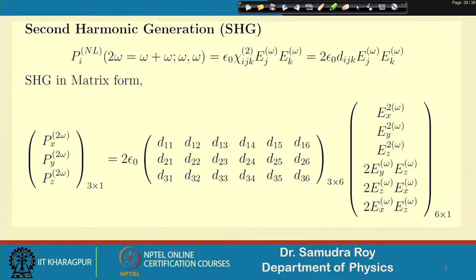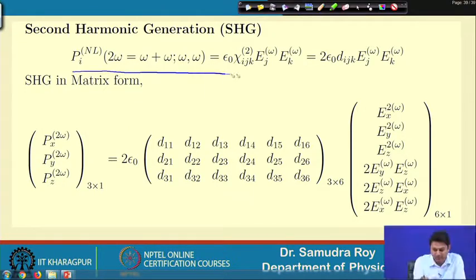This is not a very new thing, but still this matrix form is important and one should understand how these matrix forms are generated. In a couple of classes ago we have already demonstrated how the P matrix is represented in terms of ijk, and this P nonlinear in terms of ijk is written in this way as shown here.